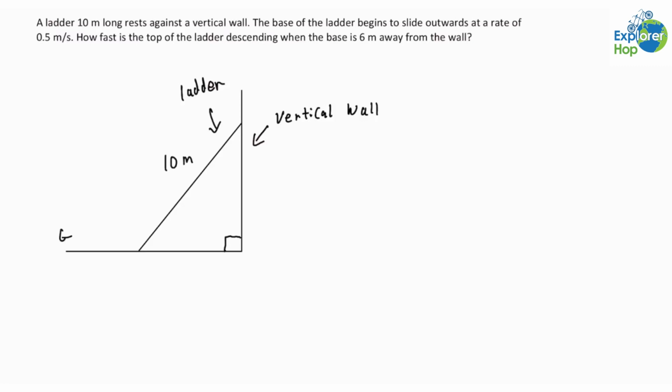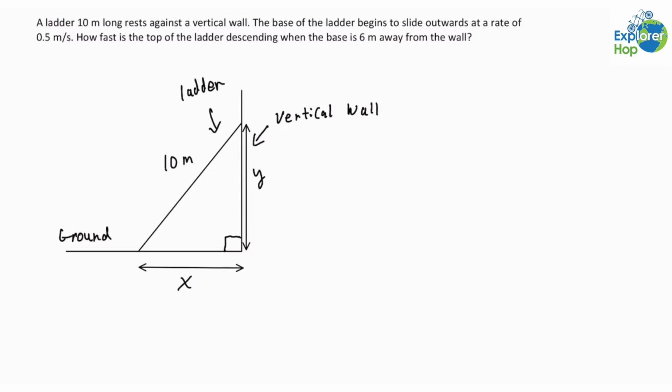And here's the ground. And we'll let x be the distance from the base to the wall. So this distance over here is x, and we'll let y be the height of the top of the ladder from the ground. So we'll label this distance y.